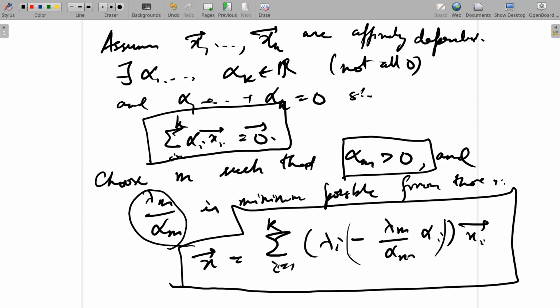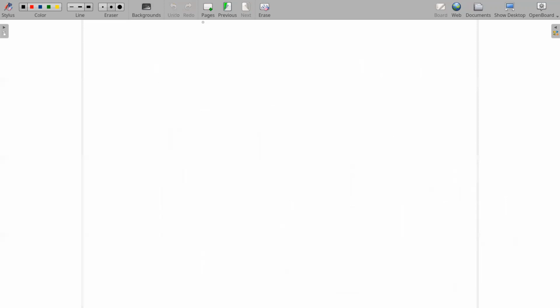Yeah, so this is true. But what happens when I put in i equals m? Lambda m minus lambda m over alpha m times alpha m. So this becomes 0. So I have, in fact, been able to reduce the number of xi's I need by doing this. So at least one of the coefficients is 0.